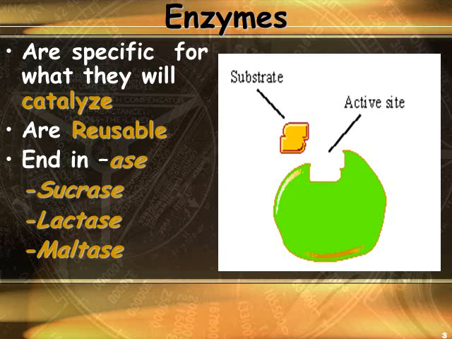So our little graphic here is just showing a green colored enzyme with an active site and some kind of substrate. That's the material that's going to enter the enzyme to be the reactant for whatever reaction is going to happen. And again, the shape of the active site is just the right shape for that substrate to fit in there.